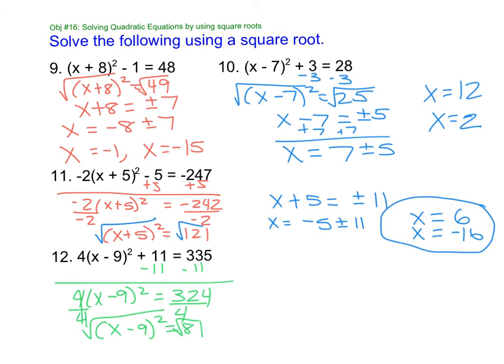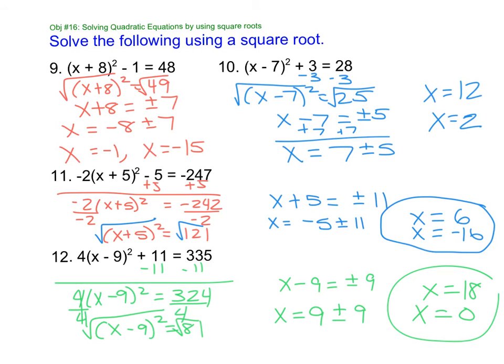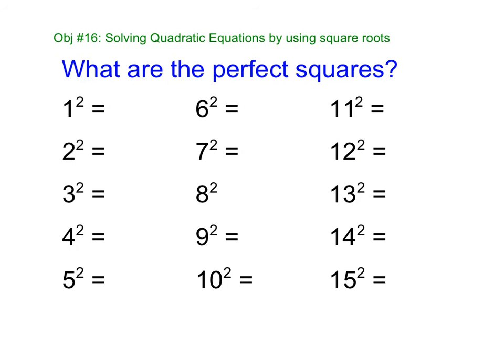Square root. X minus 9 equals plus or minus square root of 81, which is 9. Add 9. So 9 plus or minus 9. So we get 18, 9 plus 9, and 9 minus 9 is 0. And we are done. Okay, so that's about half the lesson.